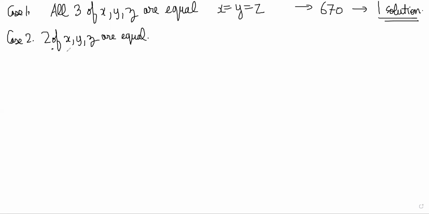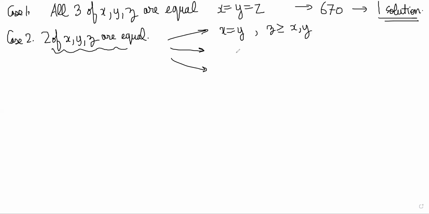This can happen in these ways. Basically, x is equal to y and z is greater than x, y. Then x is equal to z and y is greater than x, z. And finally, y is equal to z and x is greater than y, z. All these three cases are possible.